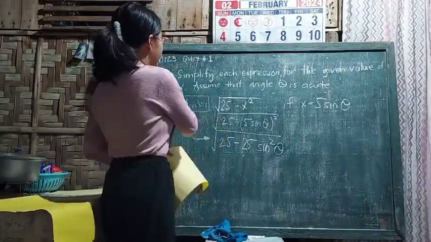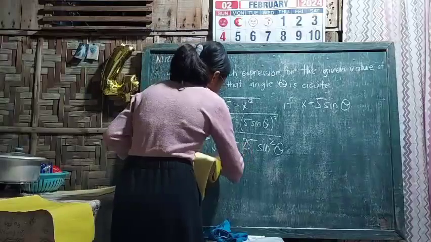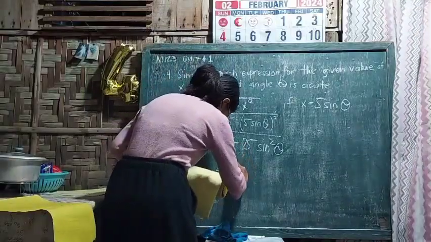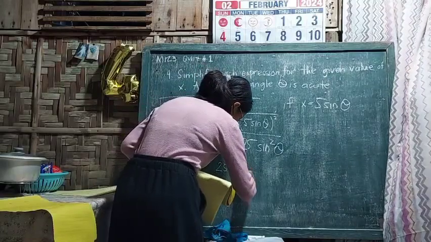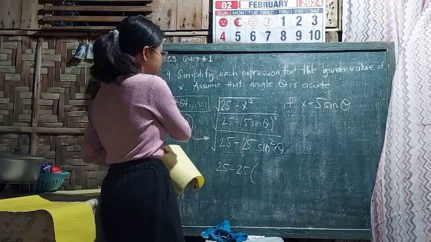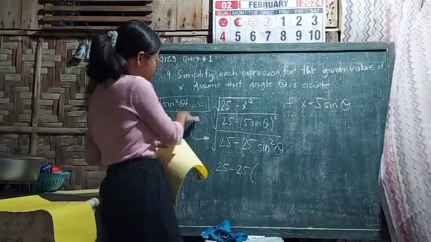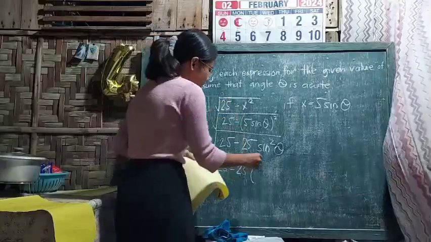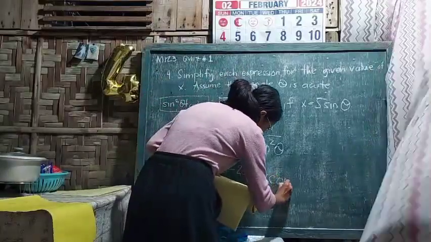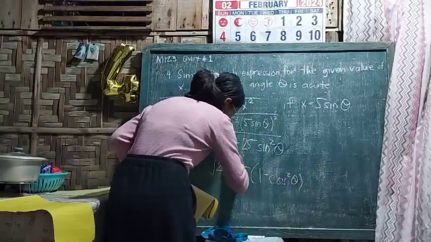Now we are going to rearrange this identity, or this formula, into sine squared theta equals 1 minus cosine squared theta. Still under the square root.